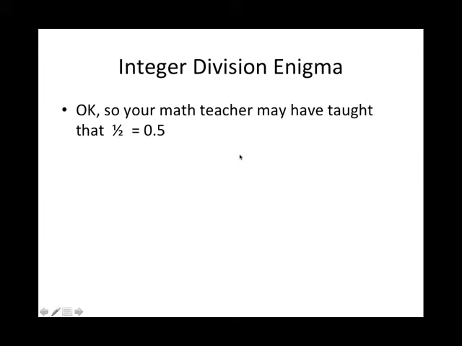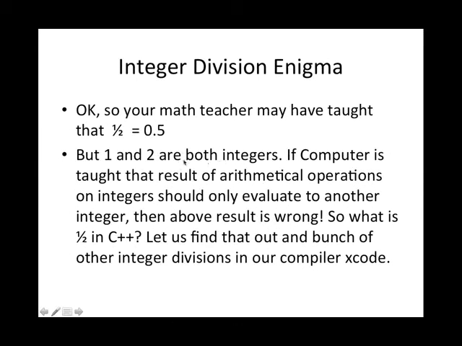Okay, so your math teacher may have taught you that 1 divided by 2 is equal to 0.5. But 1 and 2 are both integers. If the computer is taught that the result of an arithmetical operation on integers should only evaluate to another integer, then this result is wrong because 0.5 is not an integer.